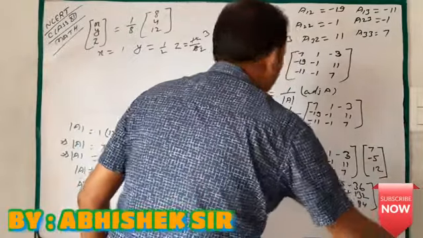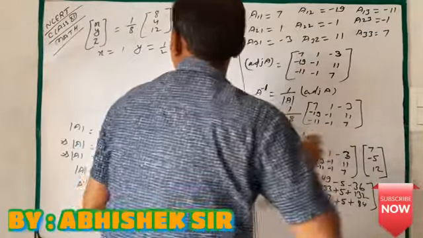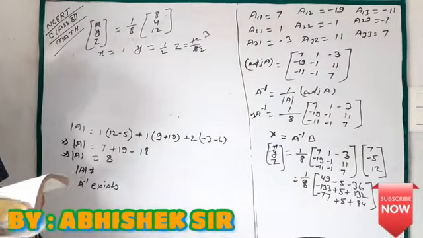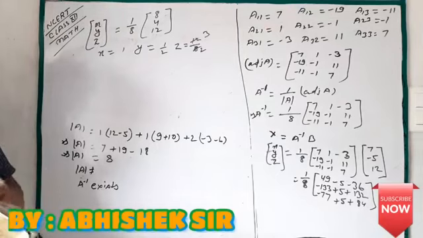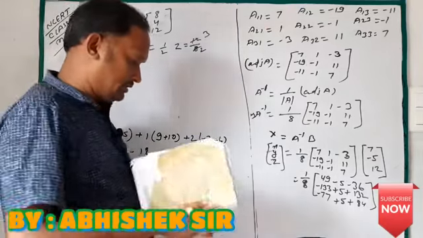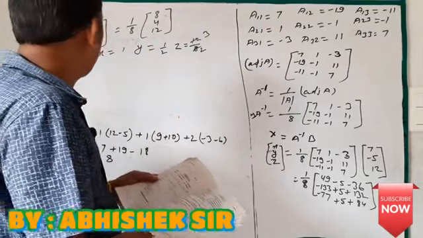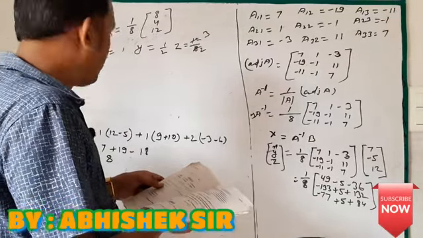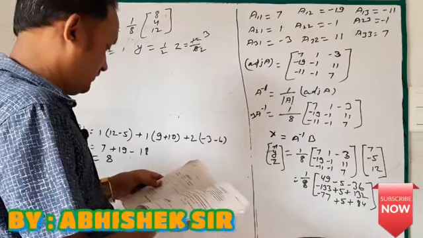Let's see what our textbook says. Exercise 4.6, question number 14. X is equal to 2, here 1. Y is equal to 1 upon 2, here is 1.